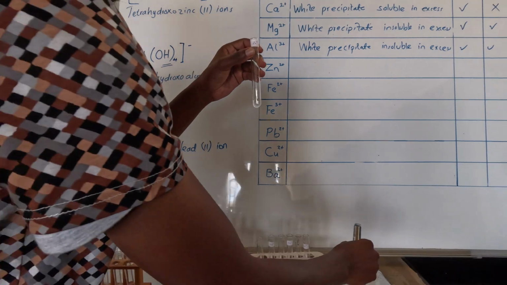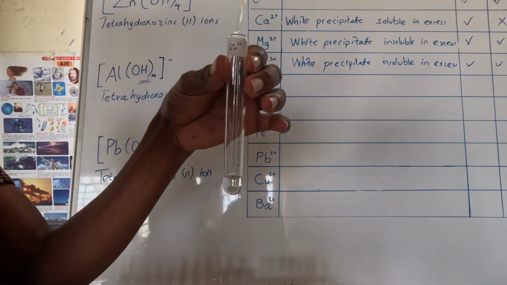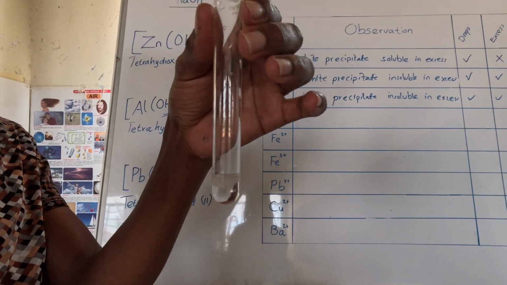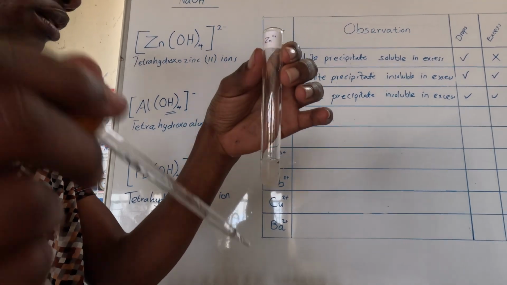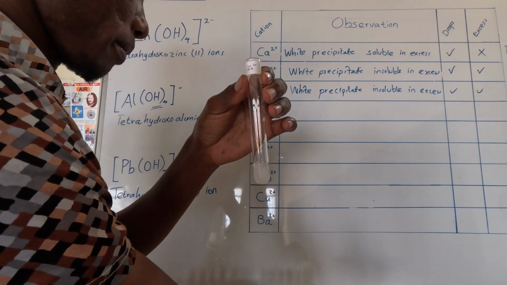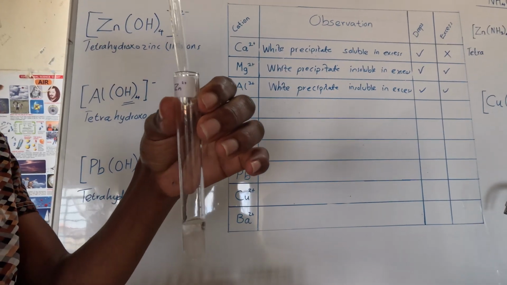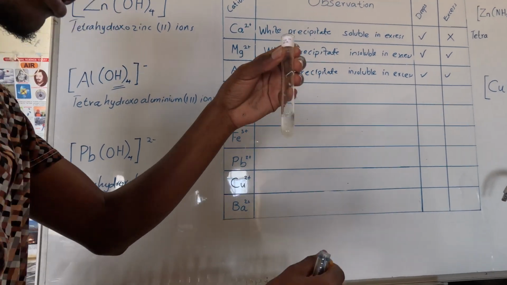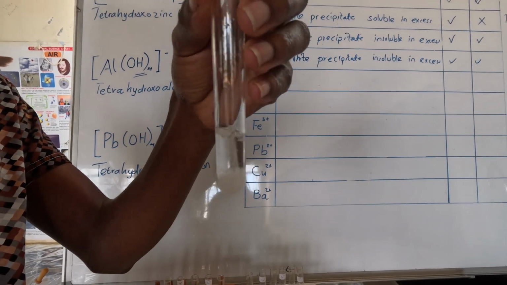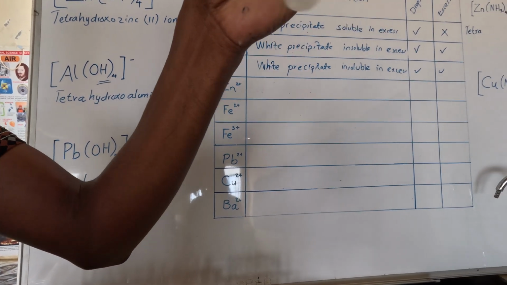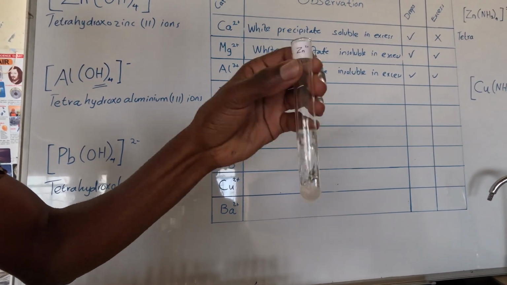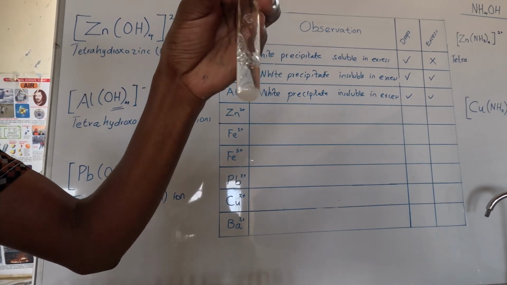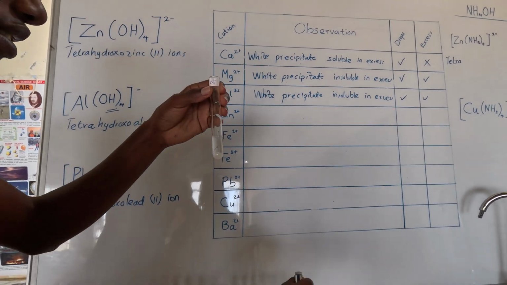Zinc, add a few drops. White precipitate. What about in excess? What is going to happen when we add excess ammonia to the precipitate? Something is happening. I'm trying to shake, but I'm afraid because ammonia has a pungent smell.